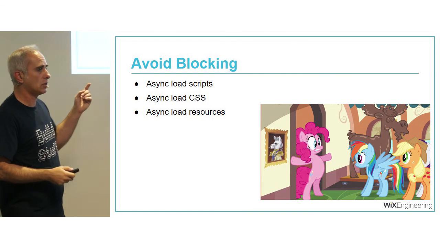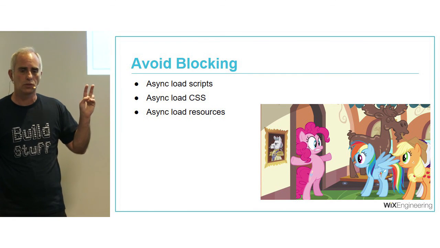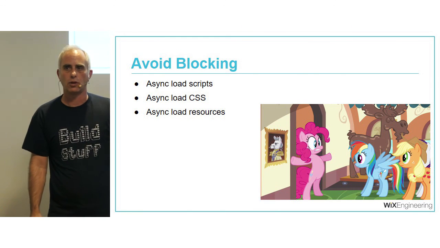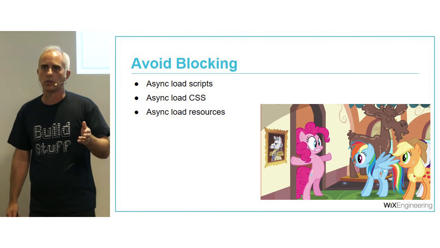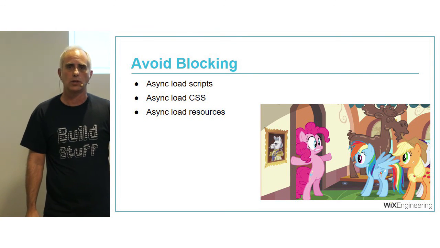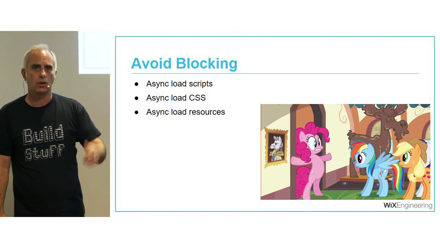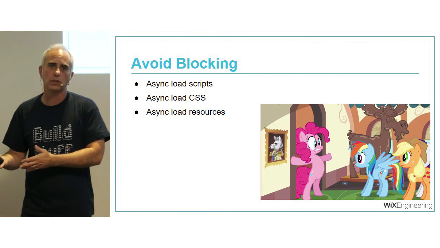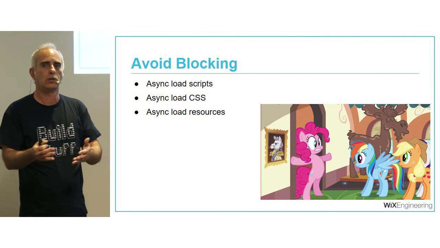For scripts, as I said, it's relatively straightforward. There are these two attributes. For CSS, it's harder. There are various tricks and libraries that let you do that. One interesting solution is to bundle your CSS into a bundle using Webpack, which then makes, because the script is downloaded asynchronously, so will the CSS.